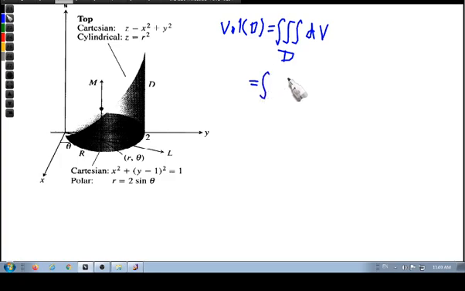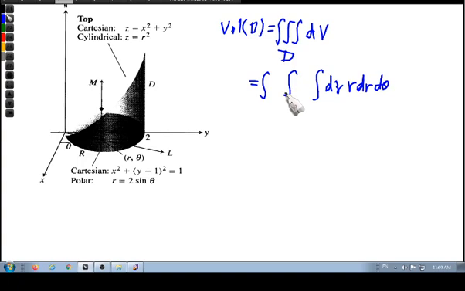So we write the integral, dV is dz r dr d theta. Now what are the limits of integration?